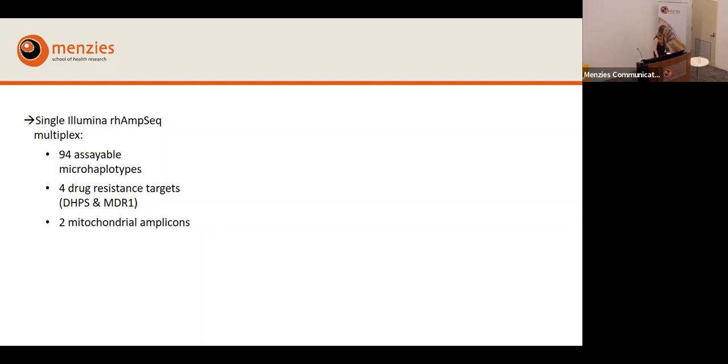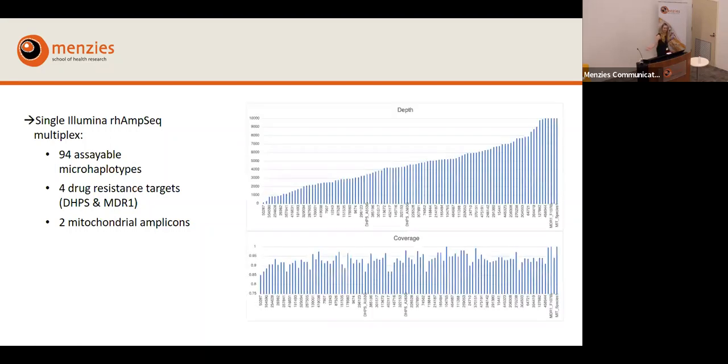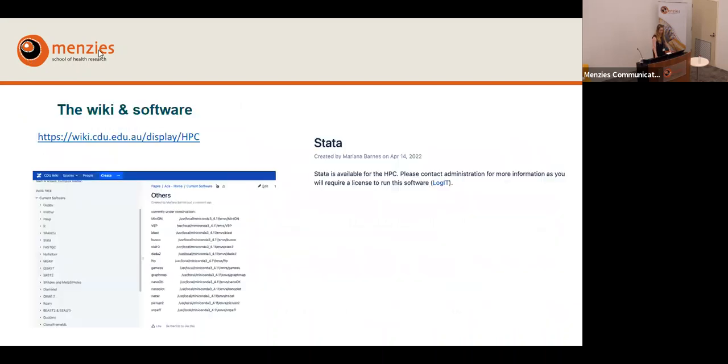This is brand new data, so I'm happy to present to you that it worked. We actually have all of our markers sequenced. There's one that looks pretty sad here, but it still has a depth of 120, so it worked. And if you look at the coverage, none of the markers fall under 0.8, so we're quite happy with that. So these are just 2 examples of something you can do.